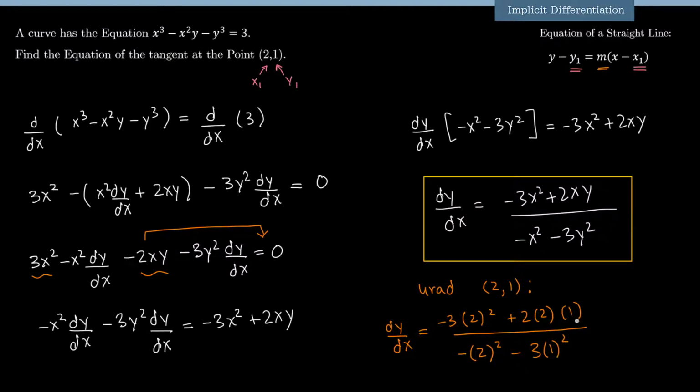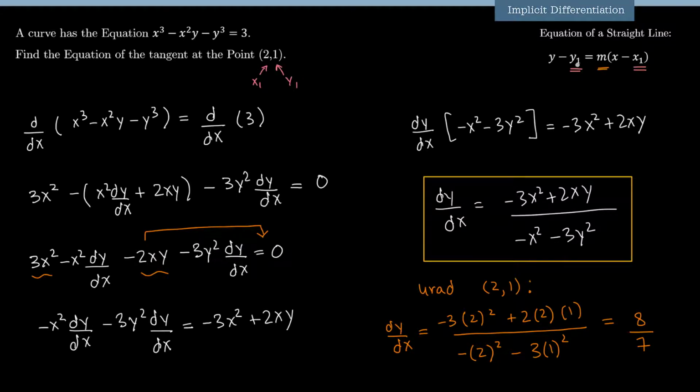And if I put all of this in the calculator, the value that I get is equal to 8 upon 7. So this is the gradient of the tangent at this point (2, 1).